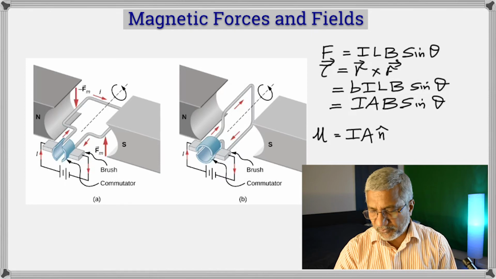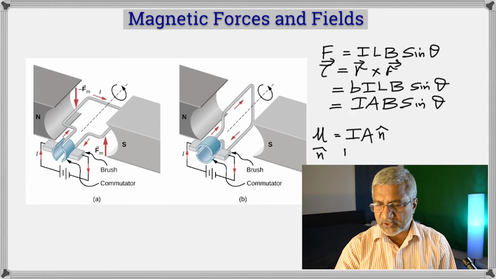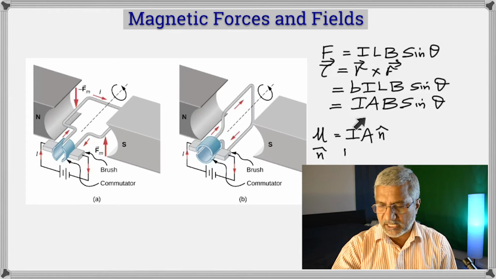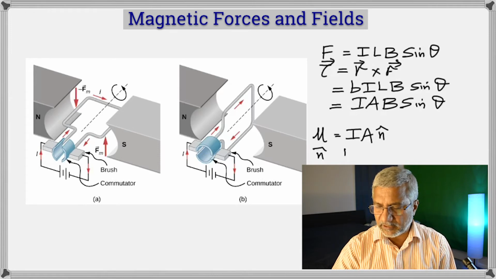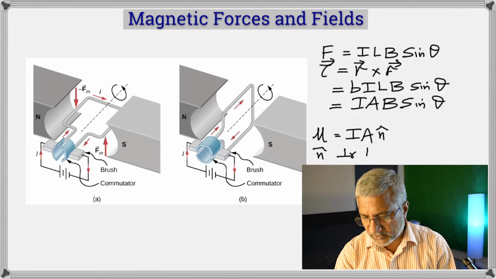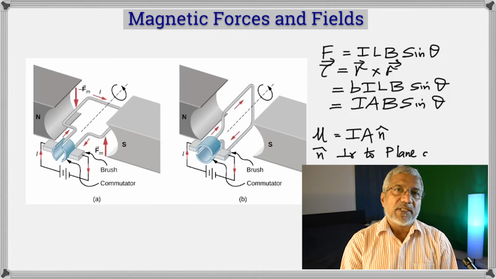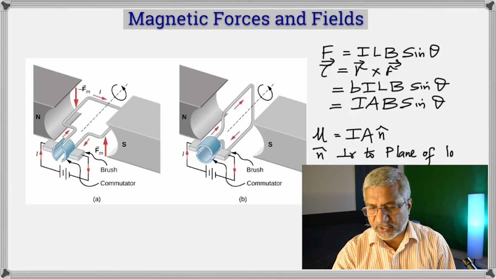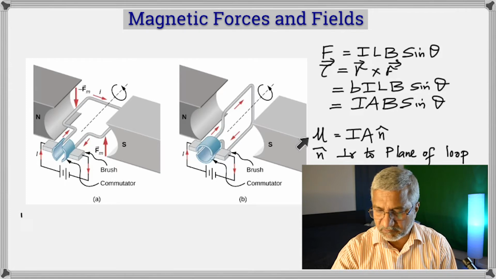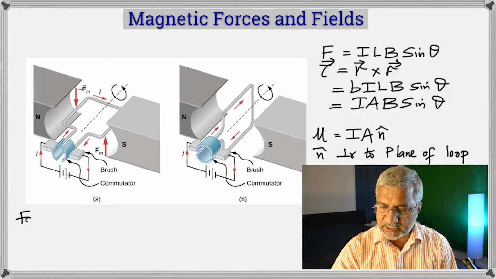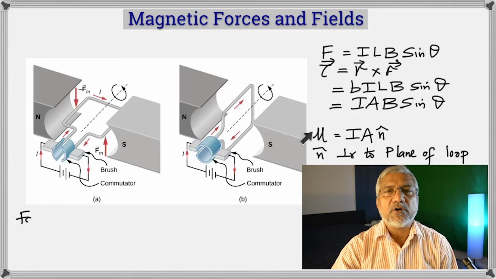Yeah. But before we go further, this can be written as a cross product. This can actually be written as IA n, where n is a unit vector, which is perpendicular. We're trying to define what's called the magnetic moment. Magnetic moment, mu, is the magnetic moment. What is the magnetic moment of a loop or of a coil?